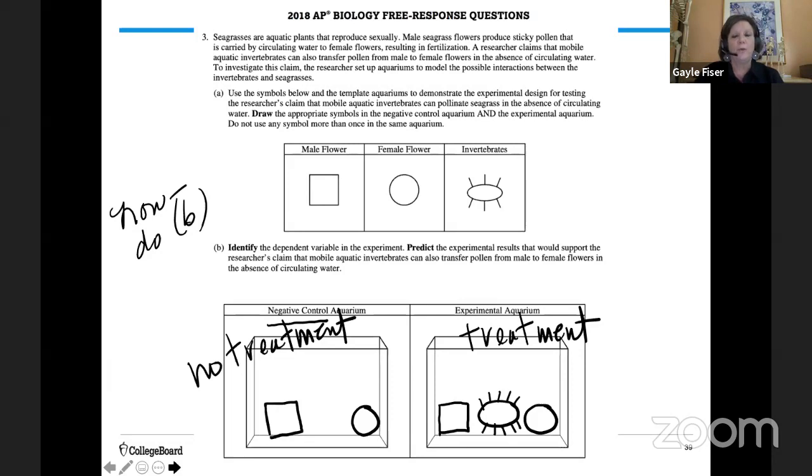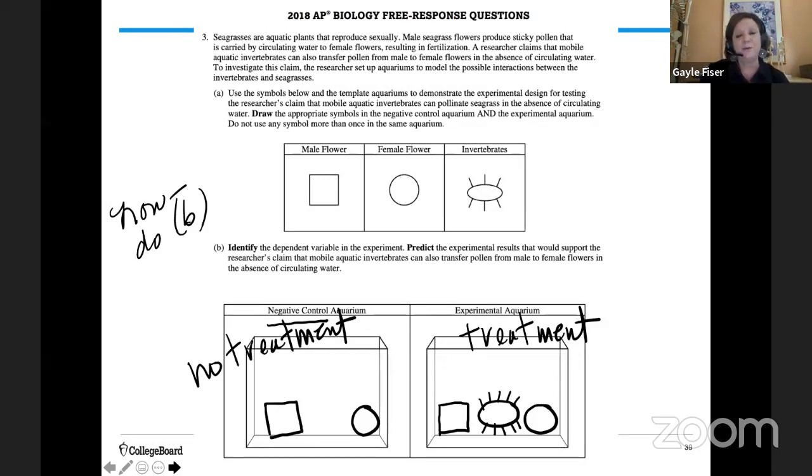I think that everybody can say the control is the no treatment and the experiment is the one with the treatment. But what is the purpose of having the control? They said that this invertebrate was responsible for carrying pollen from that male to that female.